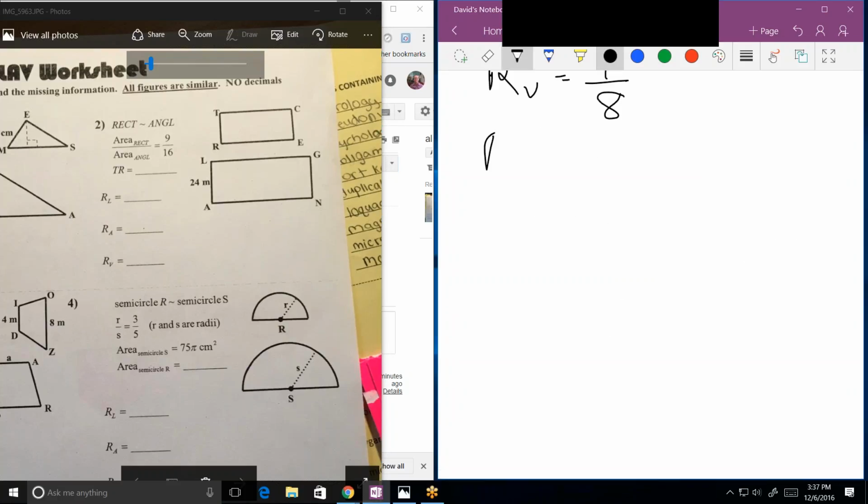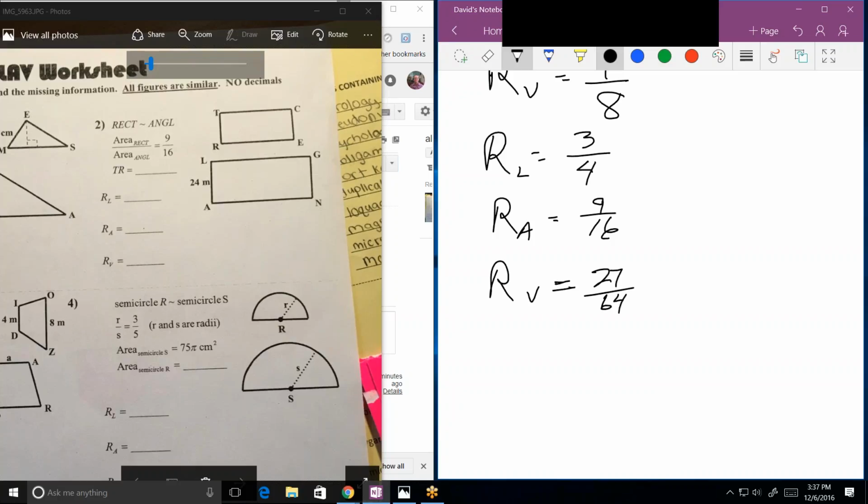So R sub L is the square root of the area ratio, and that's 3 to 4. Okay, let me write the area ratio here. That's 9 to 16. What's the volume ratio? It's 27 to 64. 64, exactly. Okay.